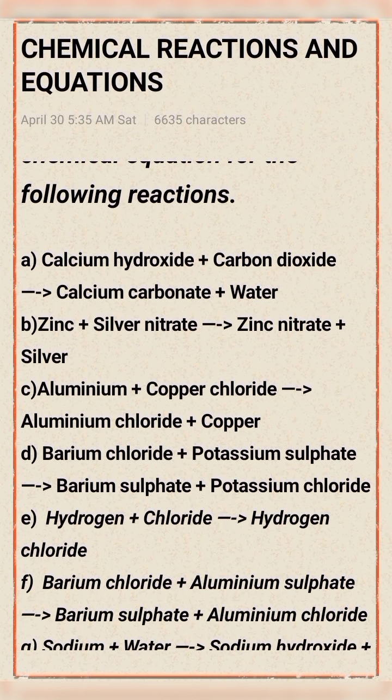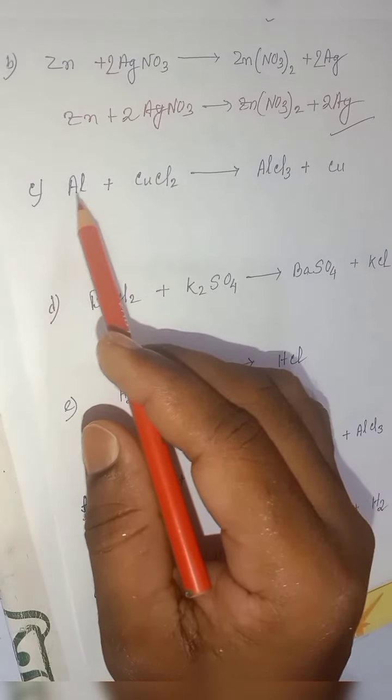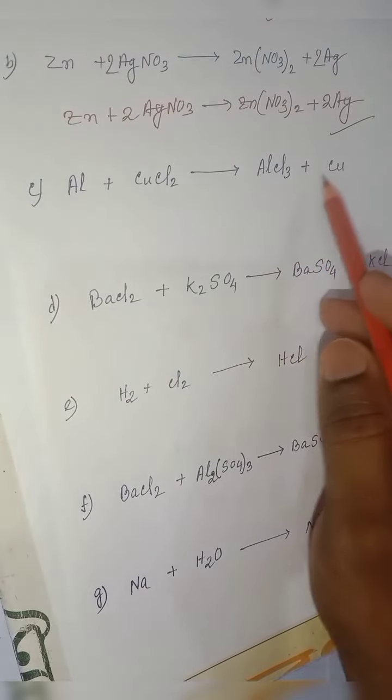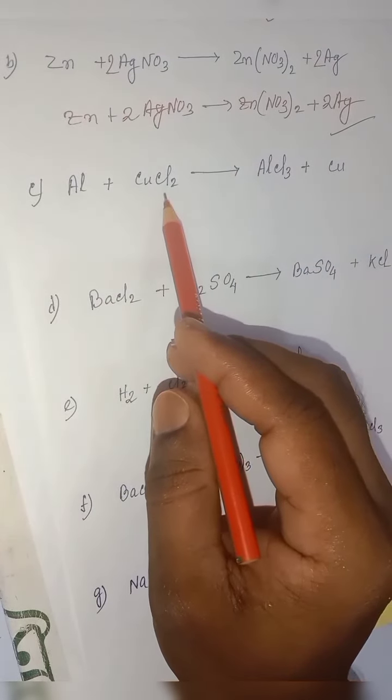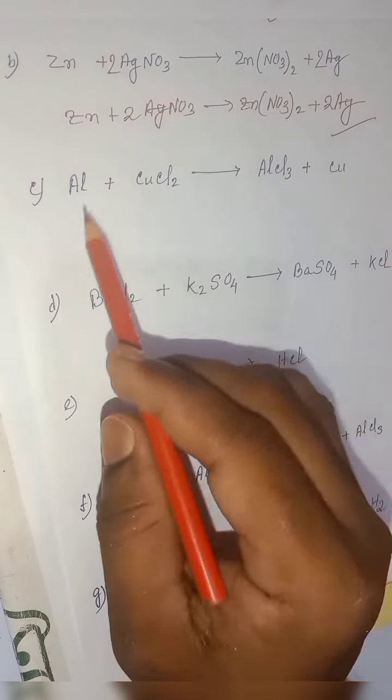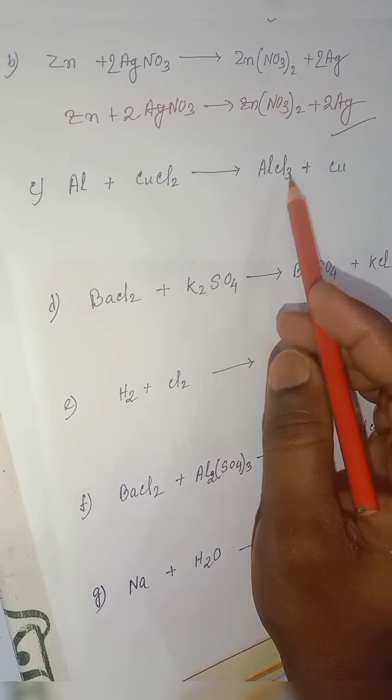Next, C: the reactants aluminium plus copper chloride, the products aluminium chloride and copper. The number of aluminium on the left is 1, on the right hand side 1, but the number of chlorine atoms on the left hand side is 2 and on the right hand side 3.